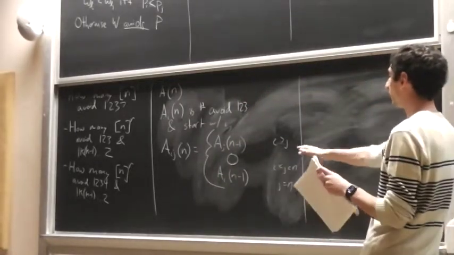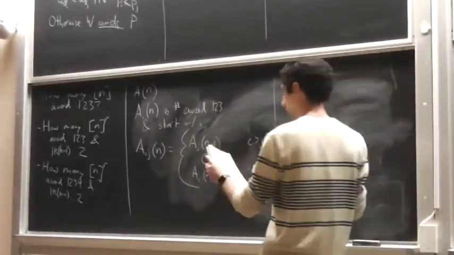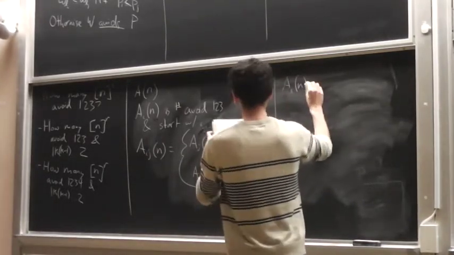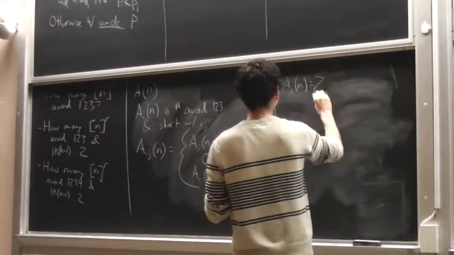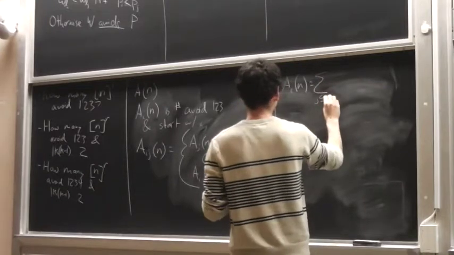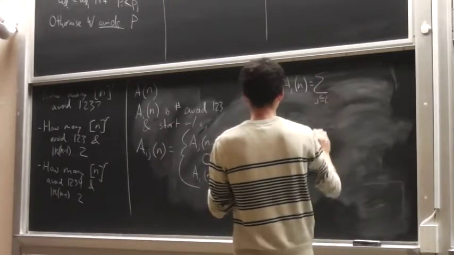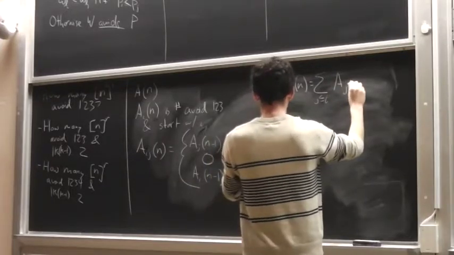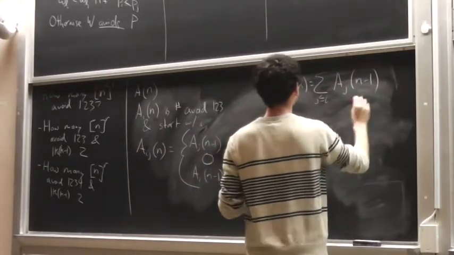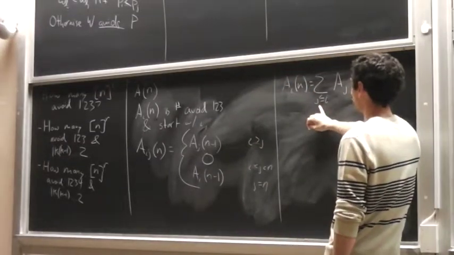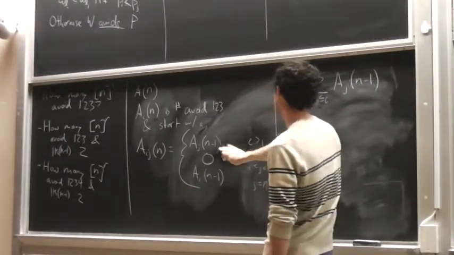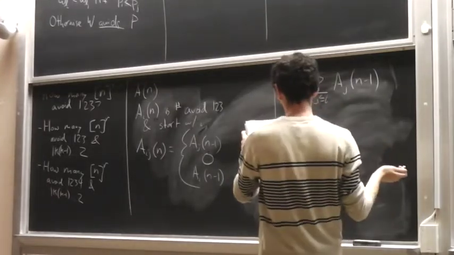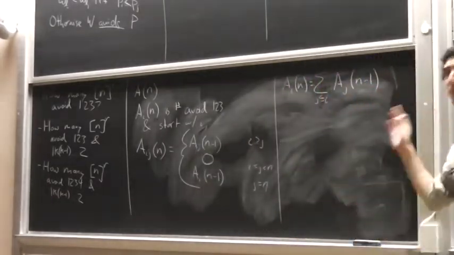So if we use this, let's just make a recurrence. We have A I of n is equal to the sum over j less than or equal to I of A j of n minus 1. So all of the terms except for j equal to I come from this first case, and then the term where j equals I comes from the second case. And this is a recurrence, and we're really happy with it.